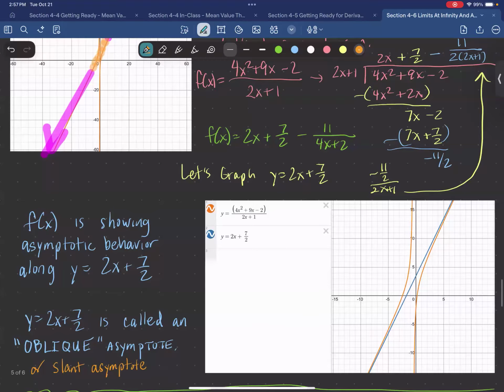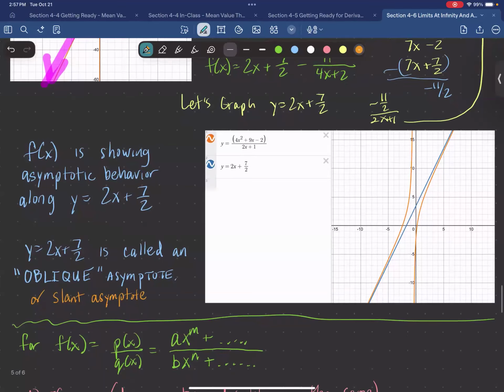So we've got a bunch of special case scenarios. Let's look at what we did. We talked about rational functions and doing limits here. Again, I was using m there and n here. Pay attention to that for the following.